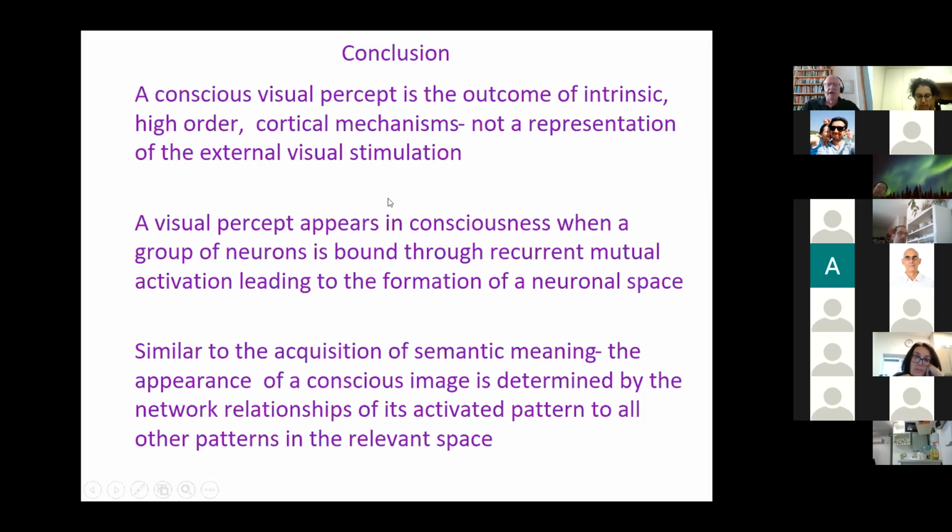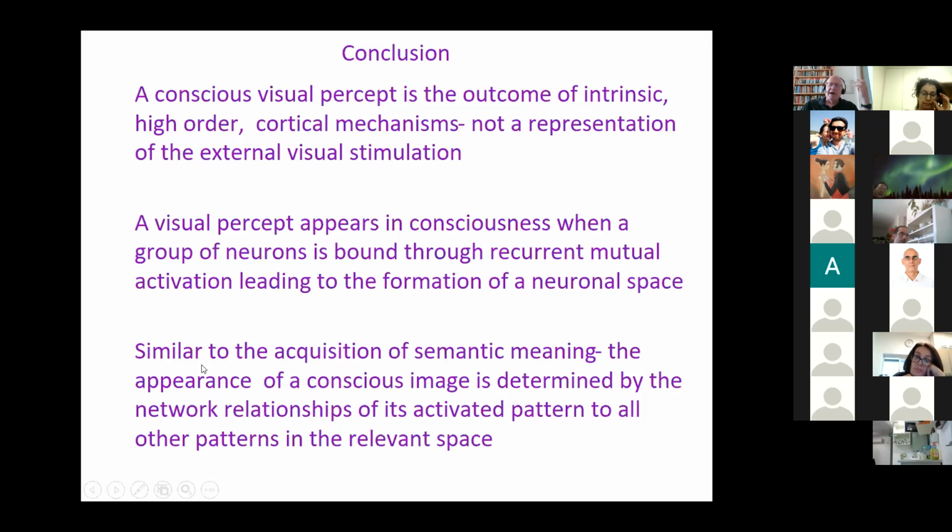I would like to propose that the visual percept appears in consciousness when a group of neurons is bound through recurrent mutual activation, leading to the transient formation of a neuronal space in which this pattern becomes meaningful through this binding of recurrent activity.